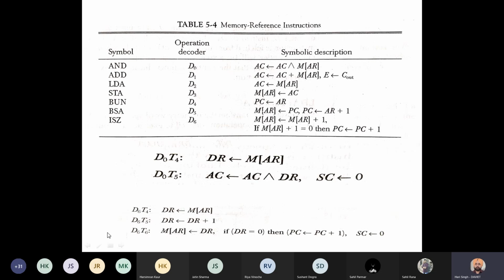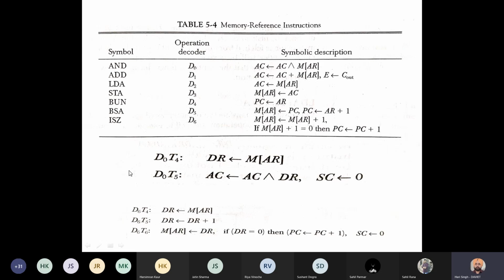Next, in this example, three micro operations are required to execute an instruction. This instruction is increment and skip if 0.